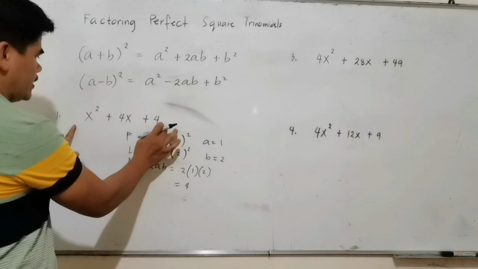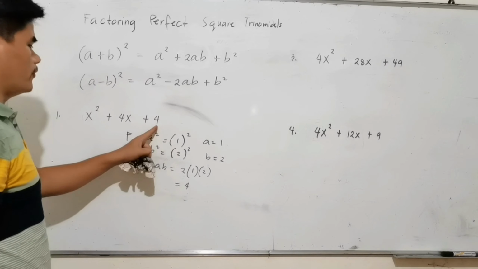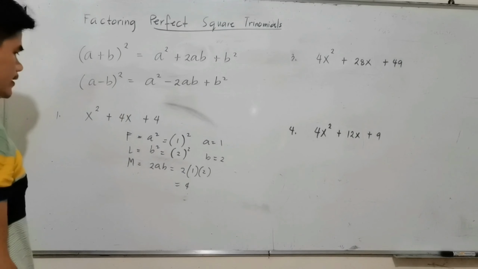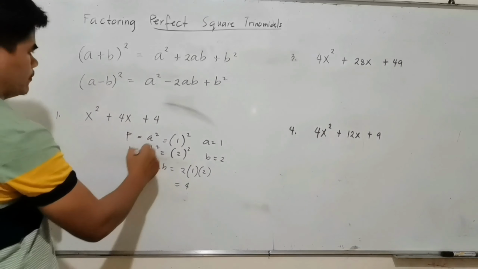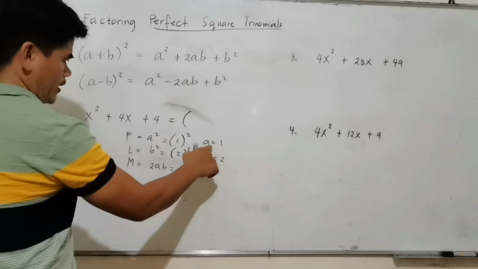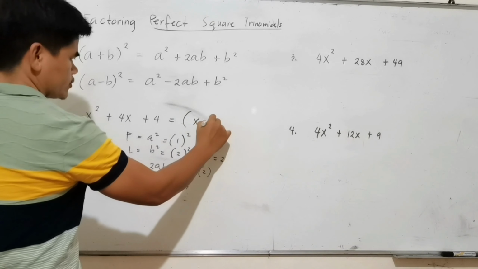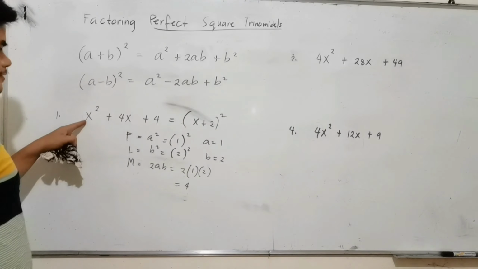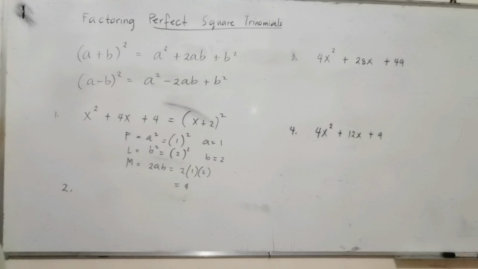Then we can say that x squared plus 4x plus 4 is a perfect square trinomial. Therefore, the factor of x squared plus 4x plus 4 is equal to (a plus b) squared, so that is (x plus 2) squared.